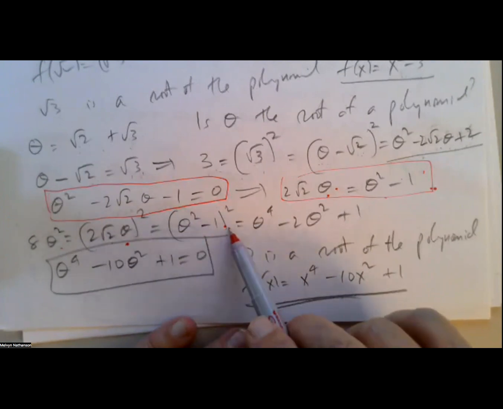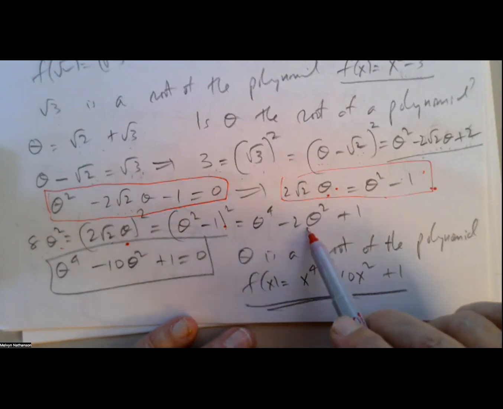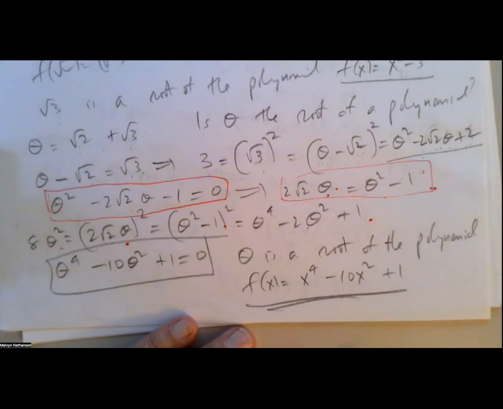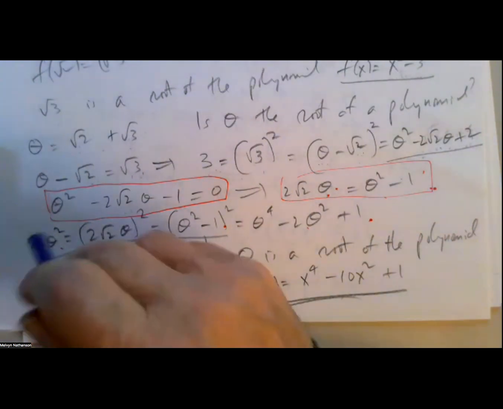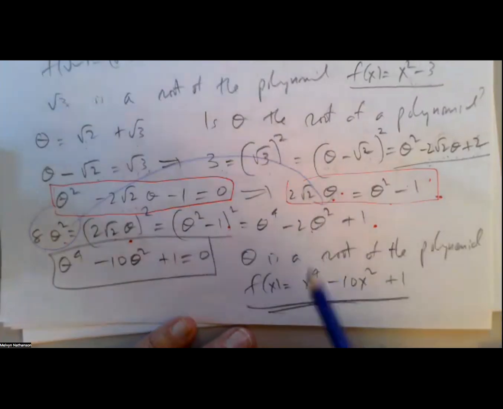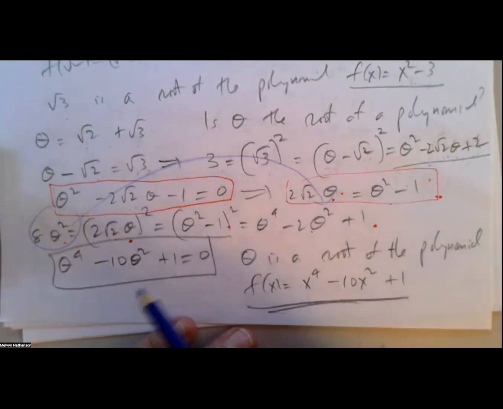When I square this, just by the rules for squaring, this is theta to the fourth minus 2 theta squared plus 1. And if I take this 8 theta squared and move it to the other side of the equation, I get this minus 8 theta squared. I get 10. Theta to the fourth minus 10 theta squared plus 1 equals 0. So that's where the 10 comes from. Okay. Thank you.